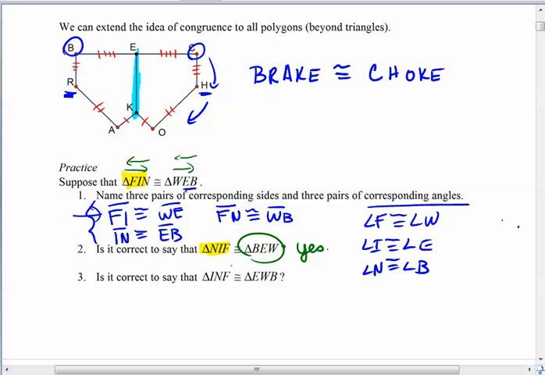Now, looking at the third question, is it correct to say that triangle INF is congruent to triangle EWB? Let's go check out the original statement.